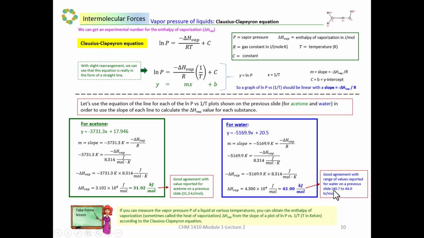So the take-home lesson here is that if you can measure the vapor pressure of a liquid at various temperatures, you can obtain the enthalpy of vaporization, or the heat of vaporization, delta H VAP, from the slope of a plot of the natural log of that vapor pressure versus 1 over T. T has to be in Kelvin, according to the Clausius-Clapeyron equation.